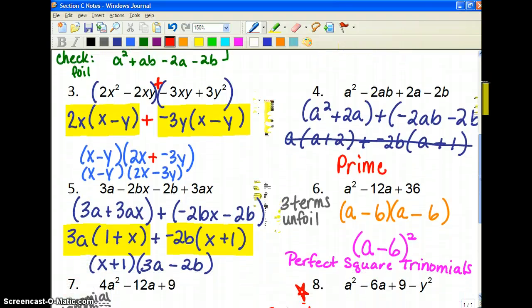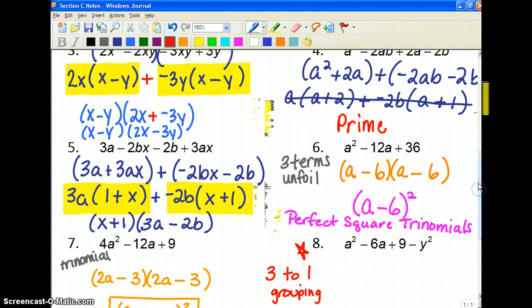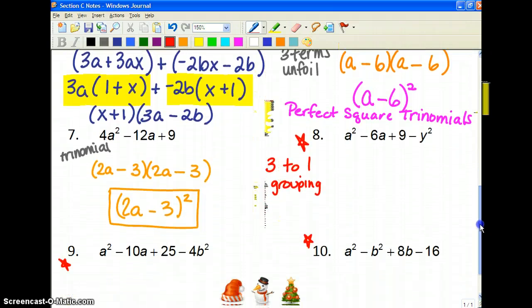How many terms are in your groups? Well, you would tell me there's 2 terms in each group. After you do the first set of grouping, how many terms are left? You start with 4 terms, you get it down to a 2-term problem, and then you take out again. So remember, you're doing take out twice in these problems.